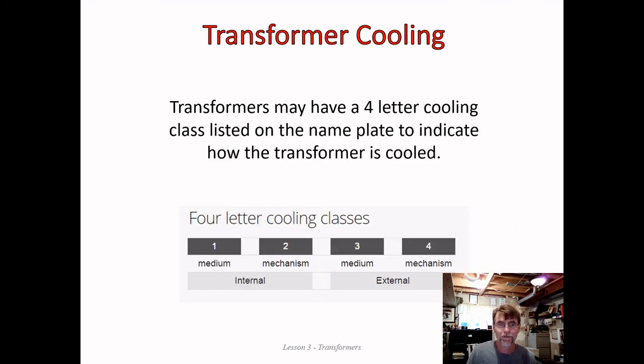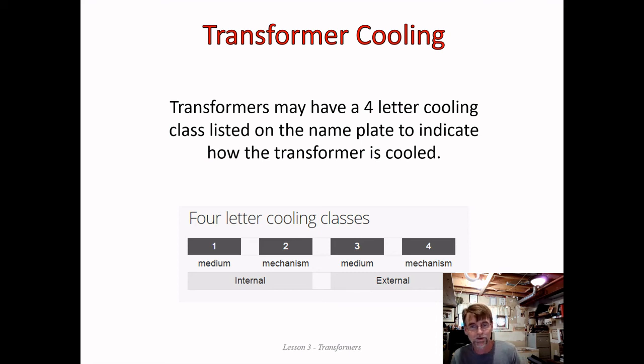Okay, so the first 2 letters talk about what's happening internal to the transformer. The first letter is the medium, and typically is it air or is it oil? And then the second letter is the mechanism. Is it passive or active? There are other various levels to this, which we'll see in the next slide, but this is basically the idea.